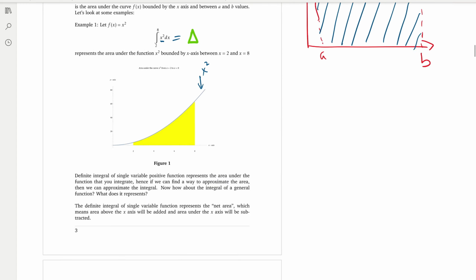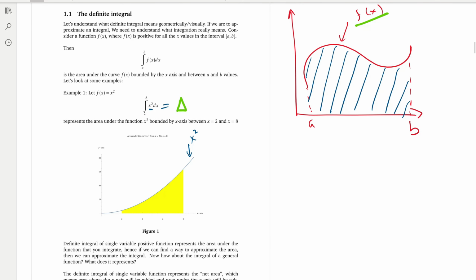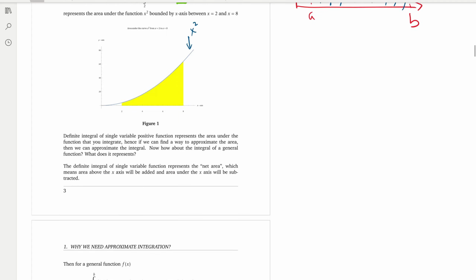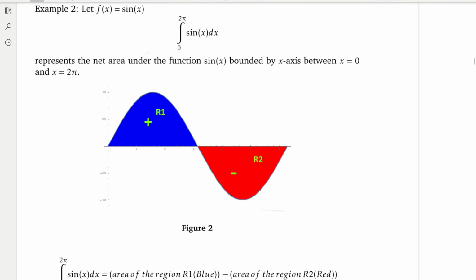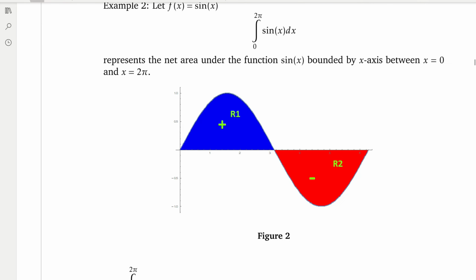Now we still have a problem, because I was only talking about positive functions. I said f is positive. How about a function that is not necessarily positive all the time, like sin x? You can see some function values are negative. What does it mean to take the definite integral of a general function? It gives you the net area.